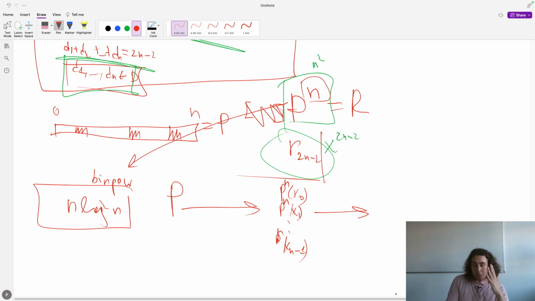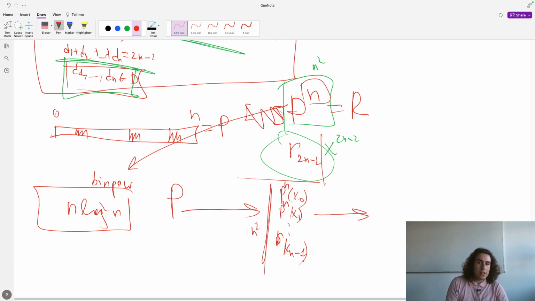The problem is that this only works if the number of samples is larger than the degree of the resulting polynomial. But if we exponentiate a polynomial, its degree grows very rapidly, right? So we would need n squared samples to be able to go back.